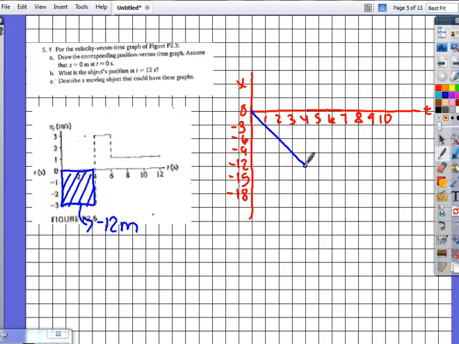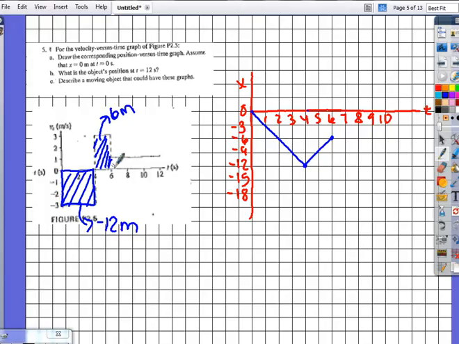So for the next 2 seconds, I need to show a change in my displacement. So from 4 seconds to 6 seconds, this area is going to be 2 times 3, which is a positive 6 meters. That means that from 4 seconds to 6 seconds, I need to end up here. I need to go from -12 to -6.